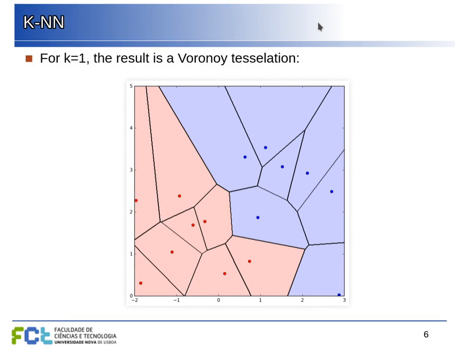So this is an example of what happens if we have this training set. The blue points belong to the blue class, the red points to the red class, and you can see here, if we use a k value of 1, we have what is called a Voronoi tessellation, which is a partition of this plane, in this case, because we are dealing in 2 dimensions, where we assign each region to the point that is closest to it using Euclidean distance.